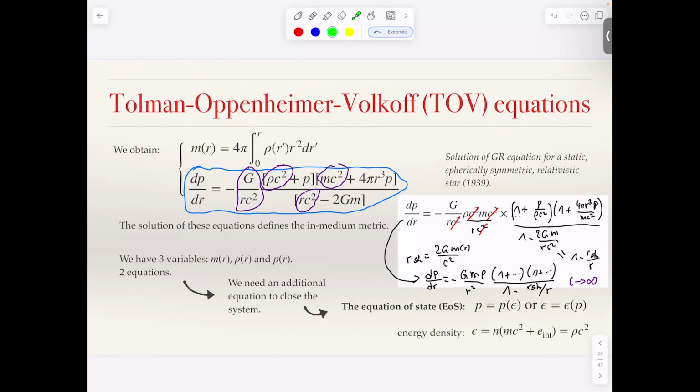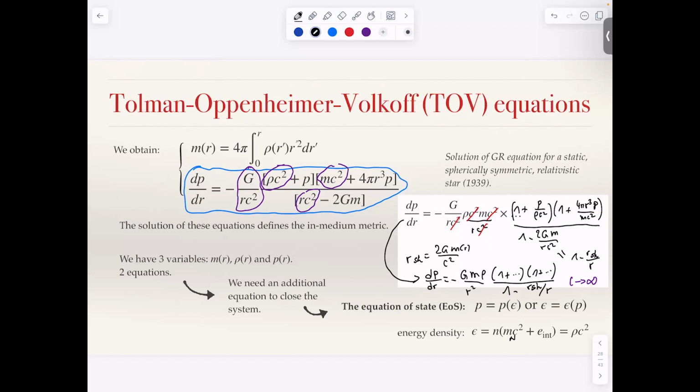Yes, you're right. This is the mass of a nucleon, for instance, if you consider just nuclear mass.